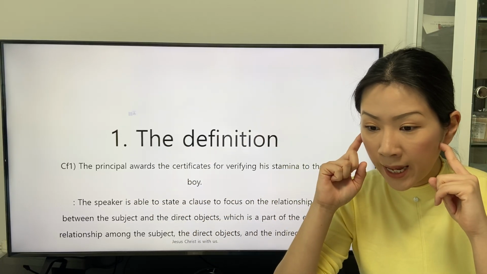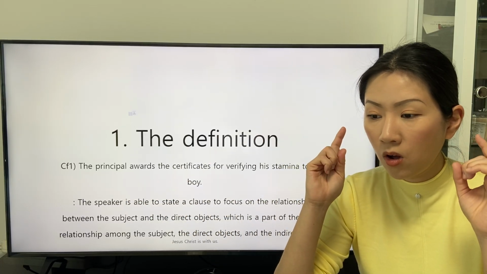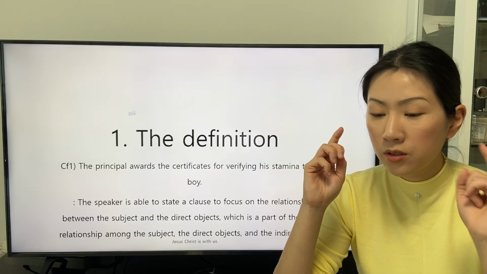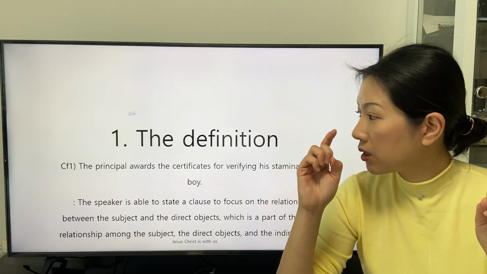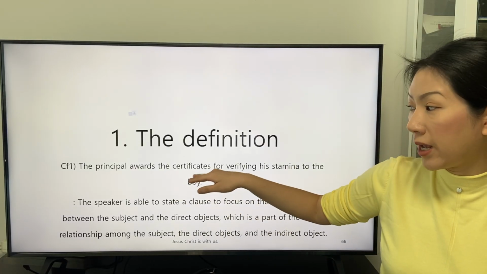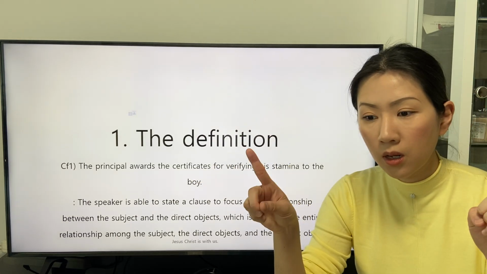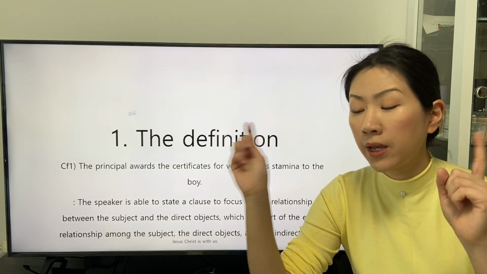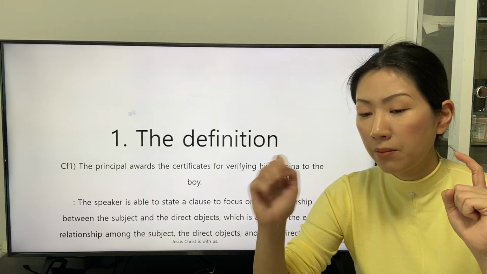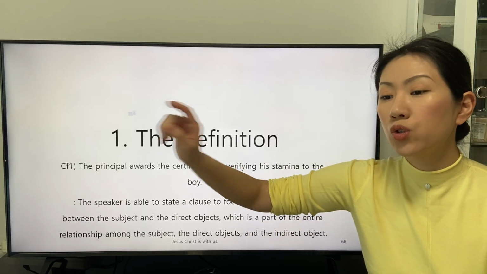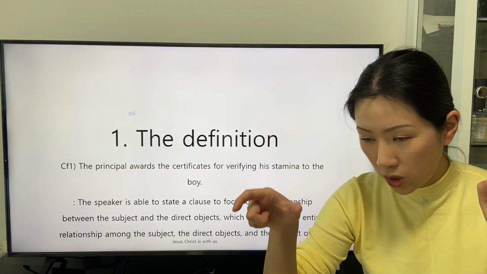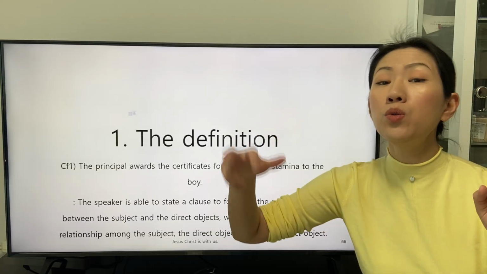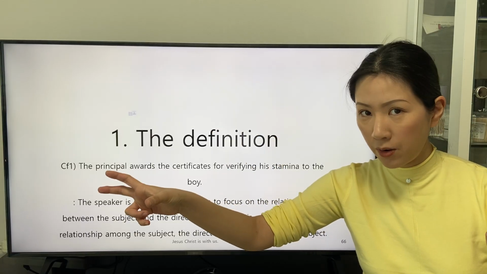The speaker can state a clause about the subject and the direct object. The speaker can expand the range of statement from the subject, the direct object, to the indirect object.